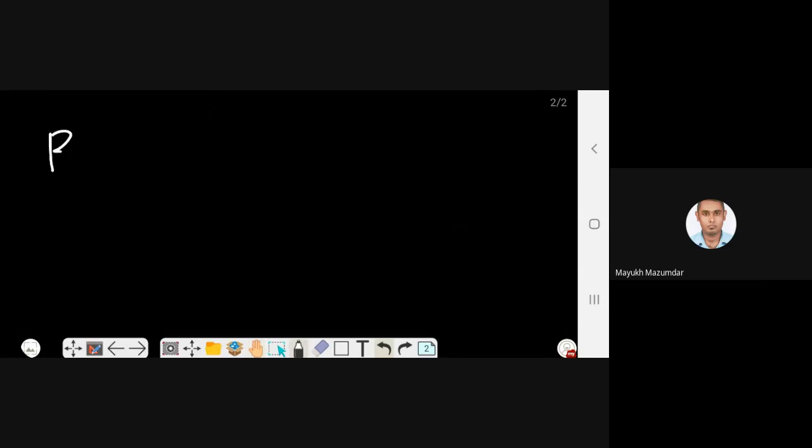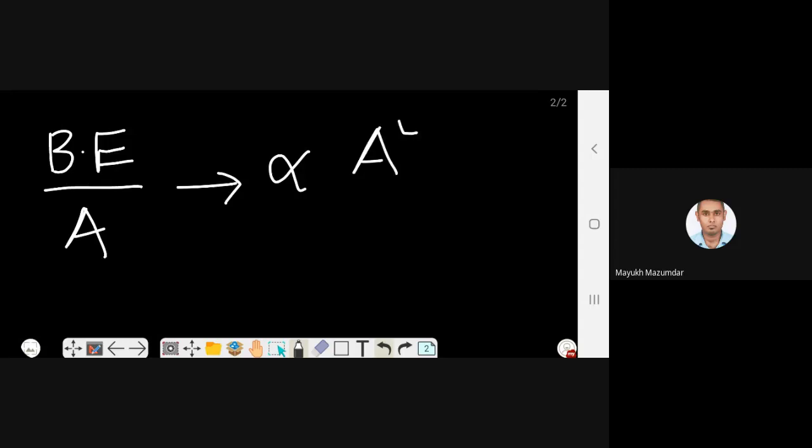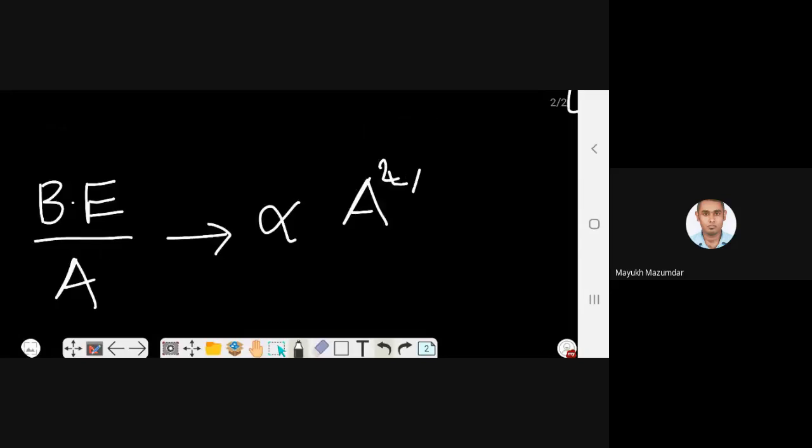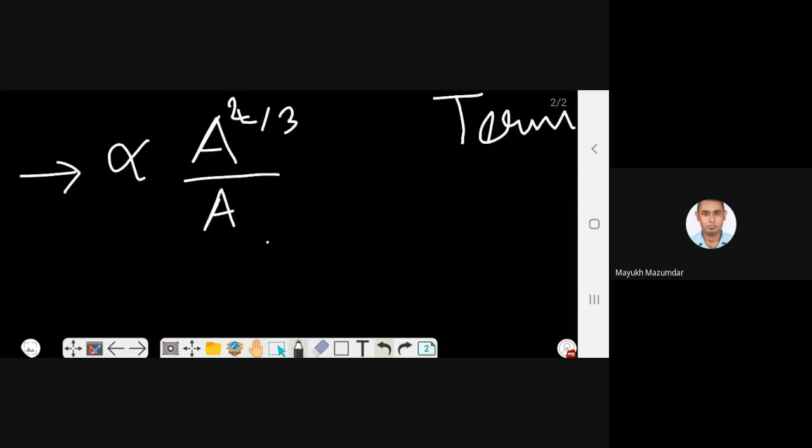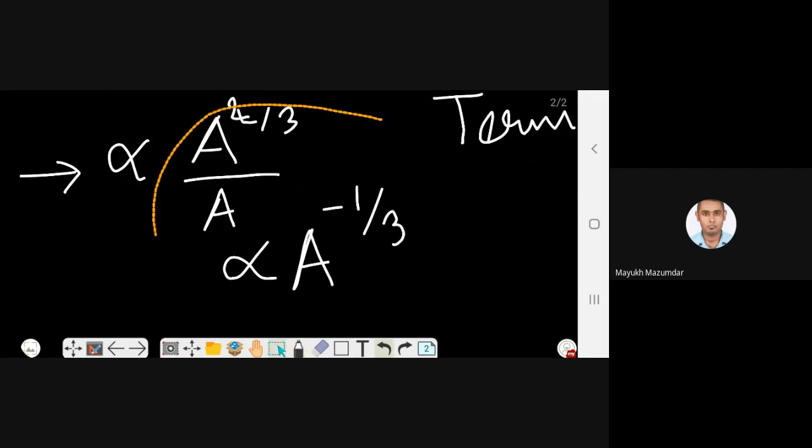If it is binding energy per nucleon, then for the surface energy term it will be proportional to A to the power two third by A, which is A to the power minus one third. I think this was also given in one of the options. They tend to confuse students by giving all the options.